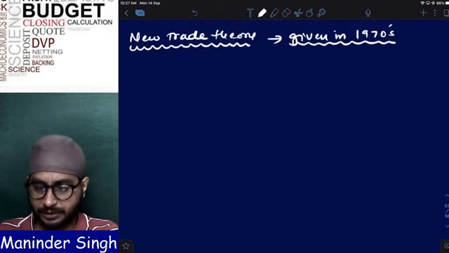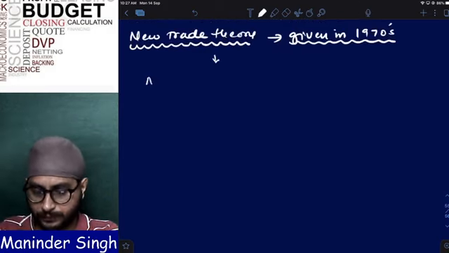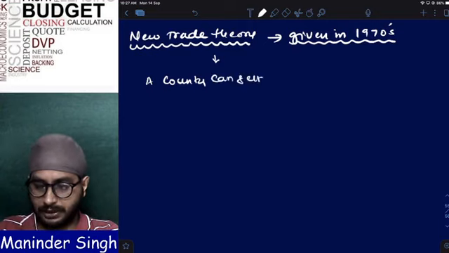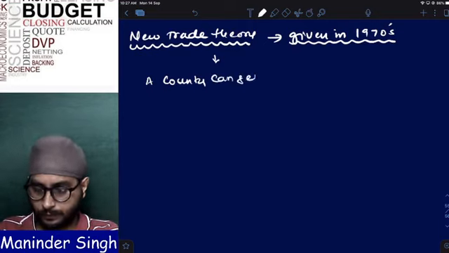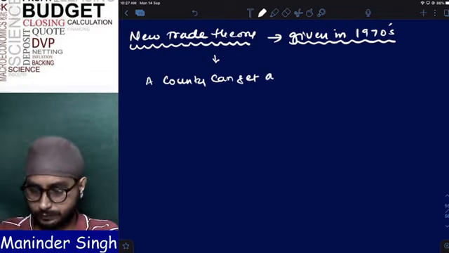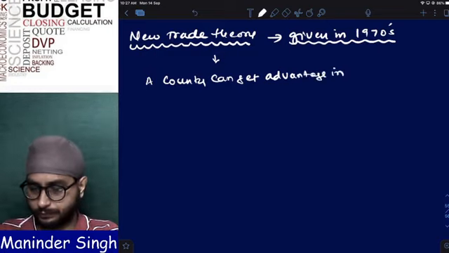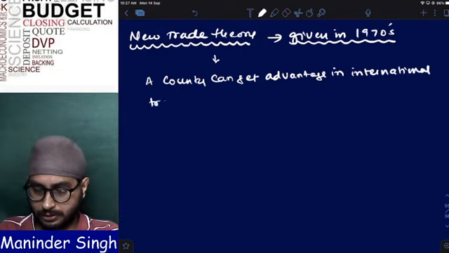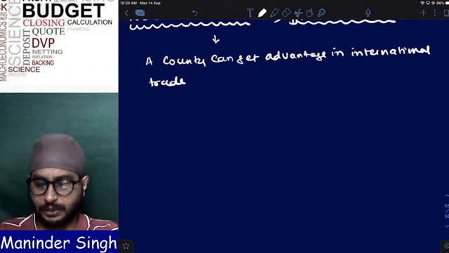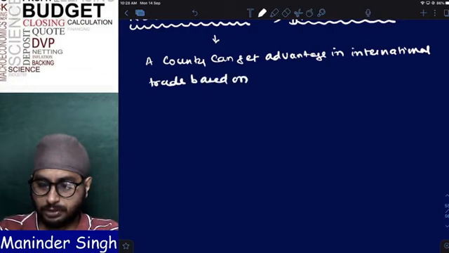Now, what is the new trade theory? New trade theory means a country can get advantage in international trade based on two things.